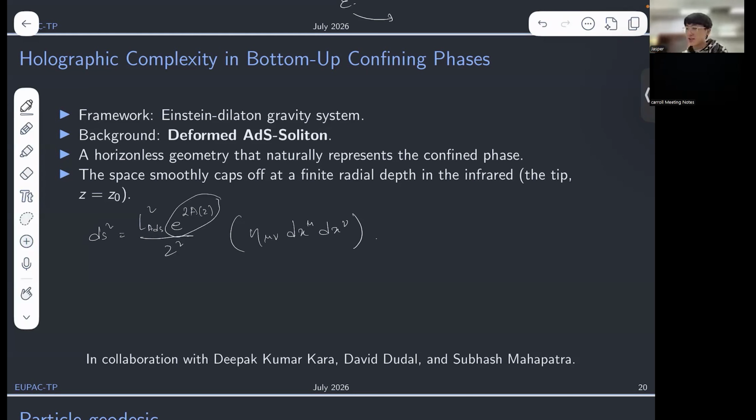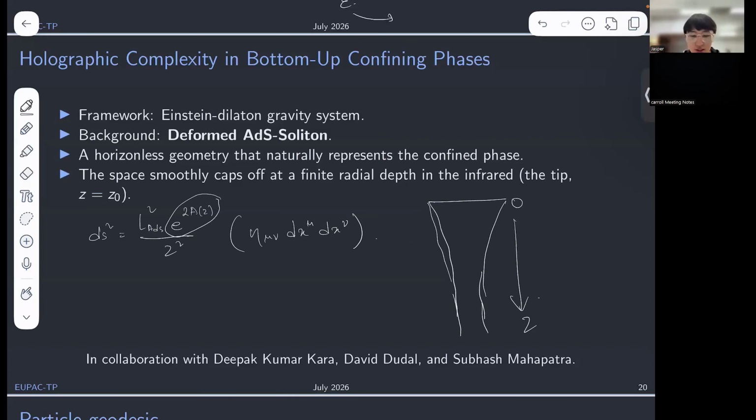What it does is it shrinks our proper volume as we go on. We are interested in this kind of metric because it can produce something that looks like a confinement geometry. Although z can go from 0 to infinity, nothing is restricting us, because of this shrinkage of the proper volume, it mimics this confinement geometry, right?